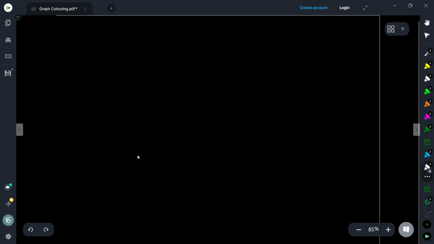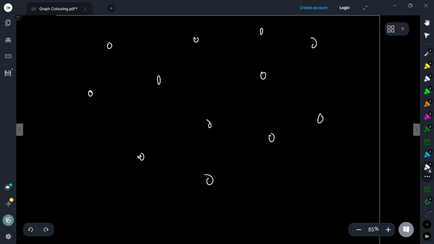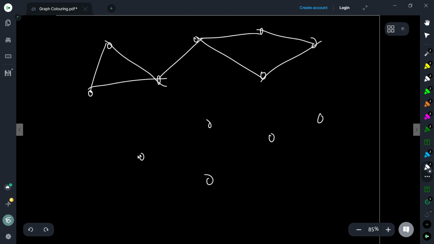Okay, so this is what I want you to think about. Suppose I give you, let's say, a graph and a proper coloring of this graph. So I give you a graph and consider any proper coloring of this graph.